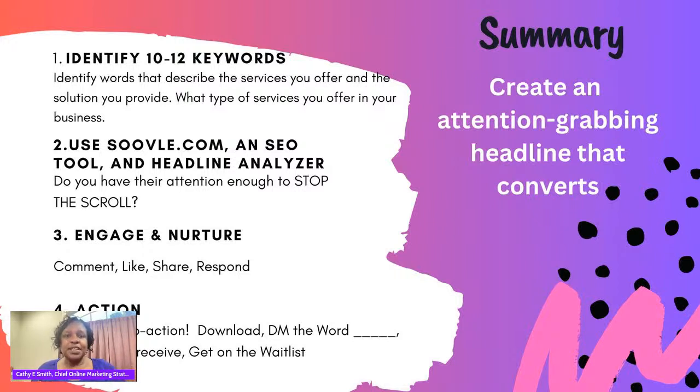But it all ties into creating content that is attention grabbing and attractive to your ideal audience, whether you're a coach, a consultant, or you sell a product. All of these things are important in order to get traffic to your offer.